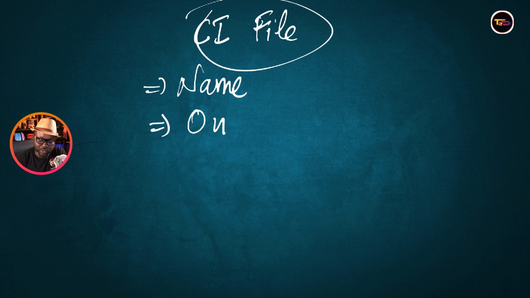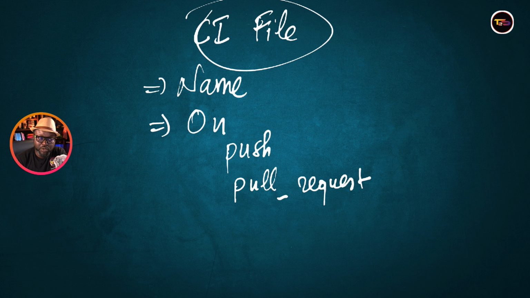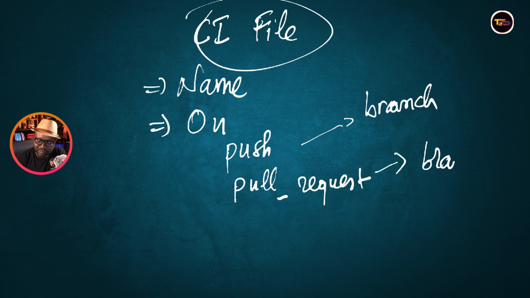You're going to use this line here, on push, or you can do it on pull request. And for each trigger, you're going to have to define the specific branch where this will happen, right?